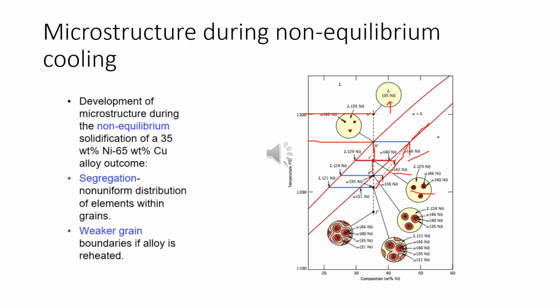Now, as this continues, diffusion occurs as a very slow process. At point D prime, the solid grains begin to form from 35% weight of nickel to 40, then 46% weight of nickel. The grain bodies start forming.